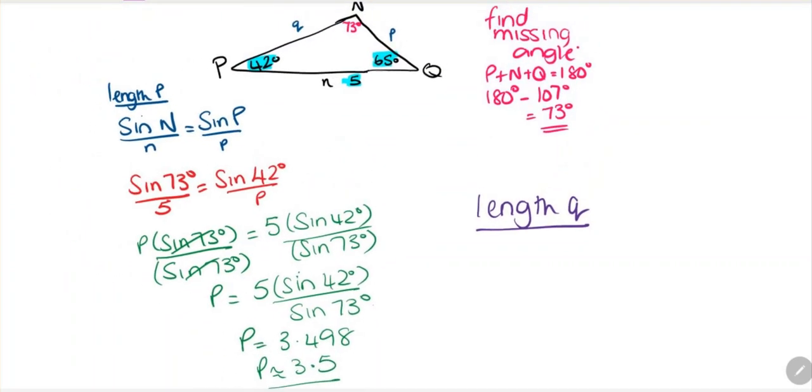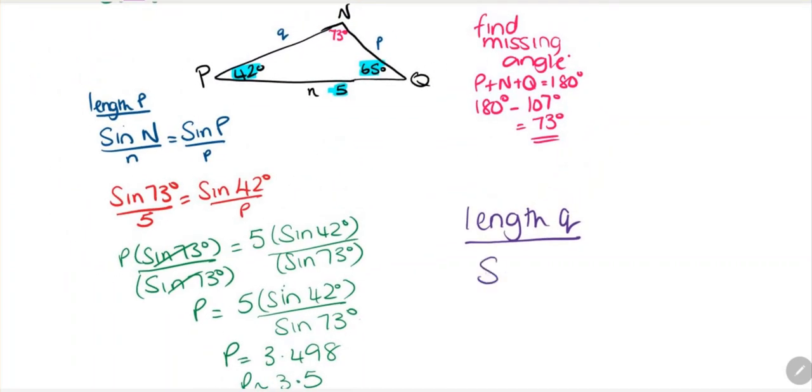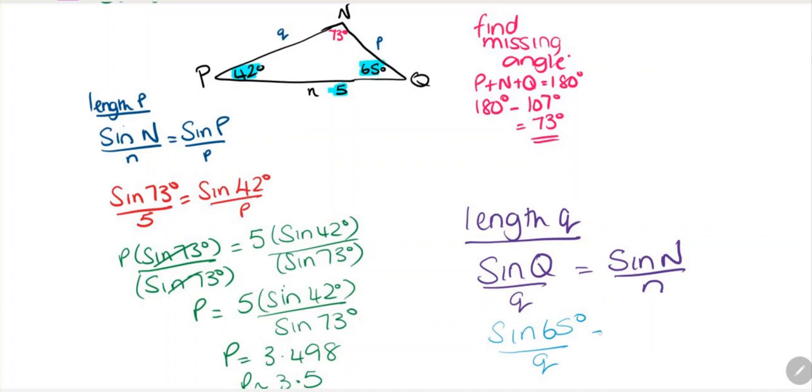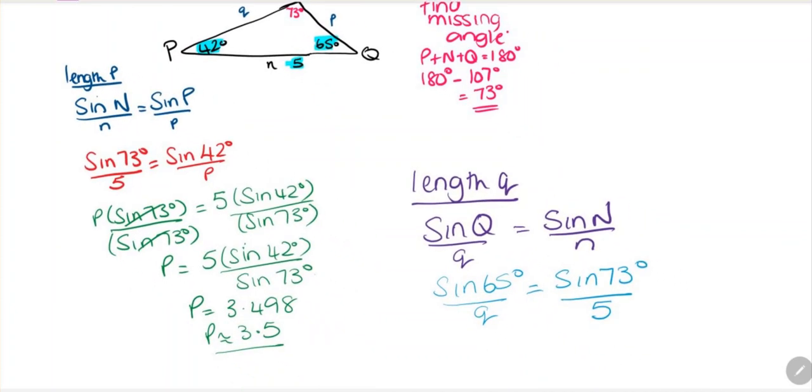So what do we know? The sine of big Q divided by little q is equal to the sine of big N divided by little n. Substitute in what we know. So we have sine of 65 degrees divided by little q is the sine of 73 degrees divided by 5. And I need to cross multiply.